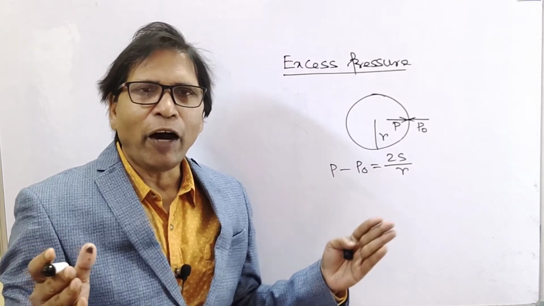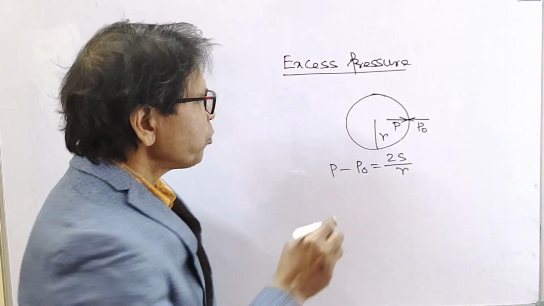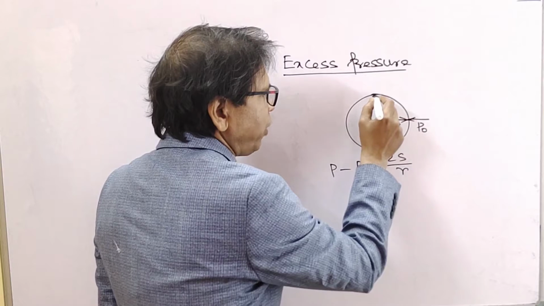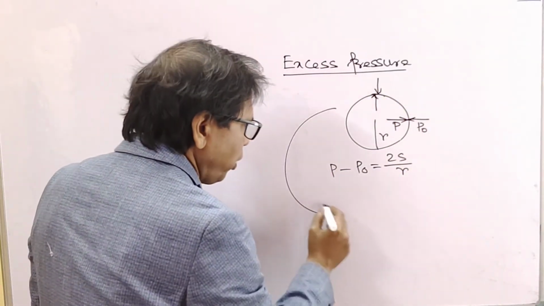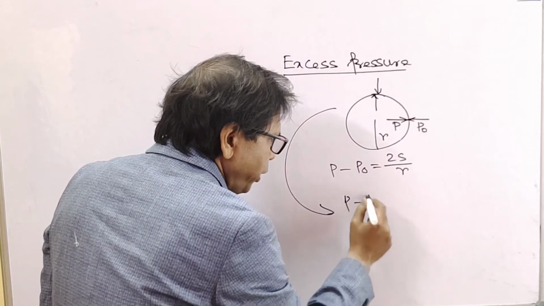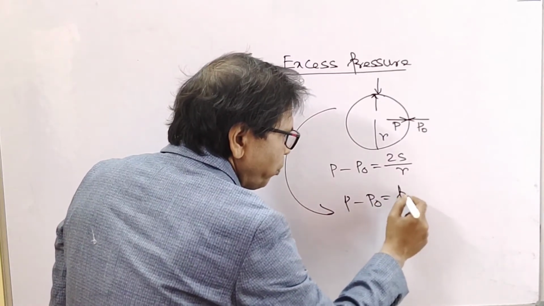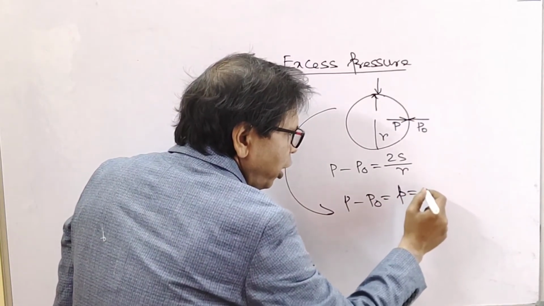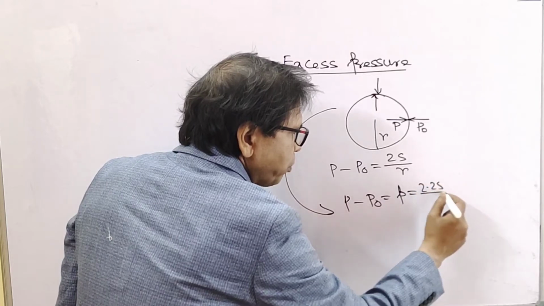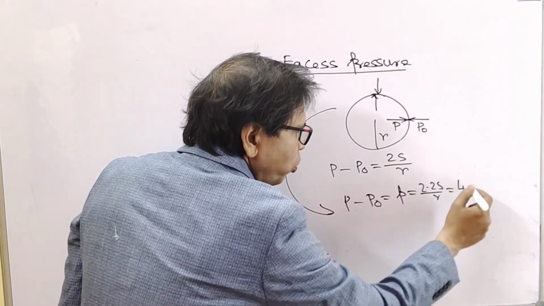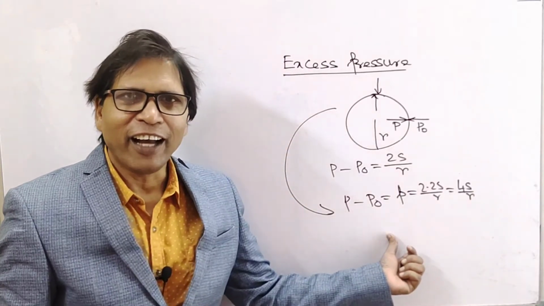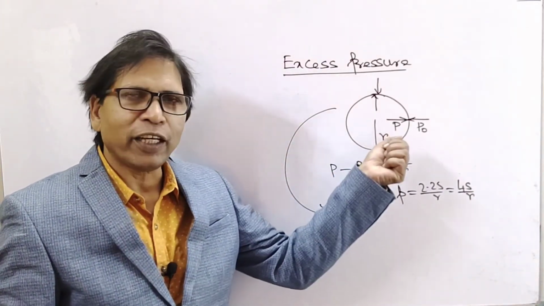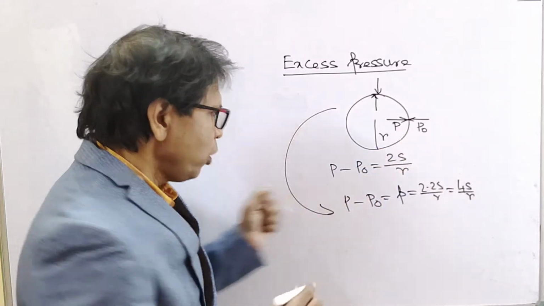Okay. Now in the case of a soap bubble, it has two surfaces, the inner surface and the outer surface. So in the case of a soap bubble, P − P₀, the excess pressure p, is 2 into 2S/r, so this is 4S/r. Okay, understood? Now what is the total pressure inside the soap bubble?